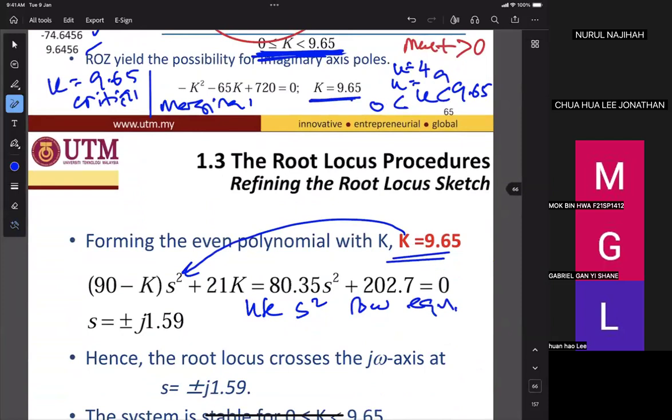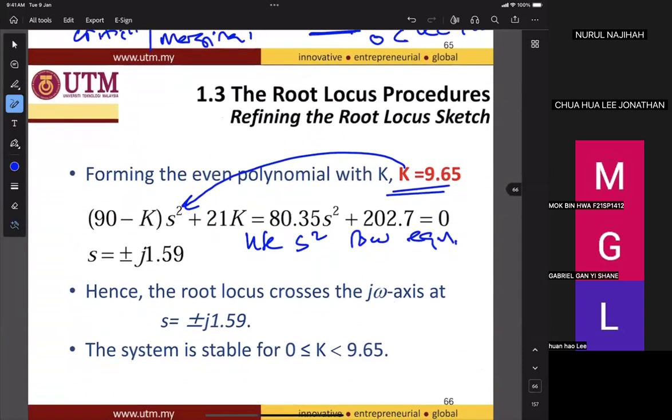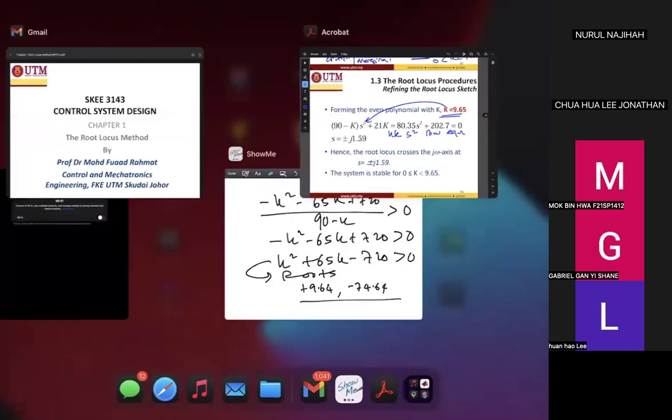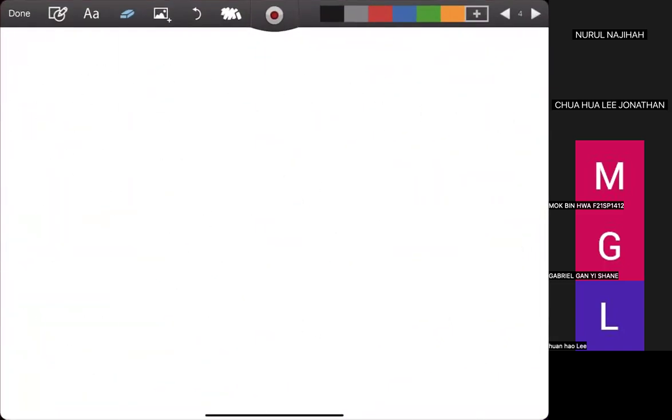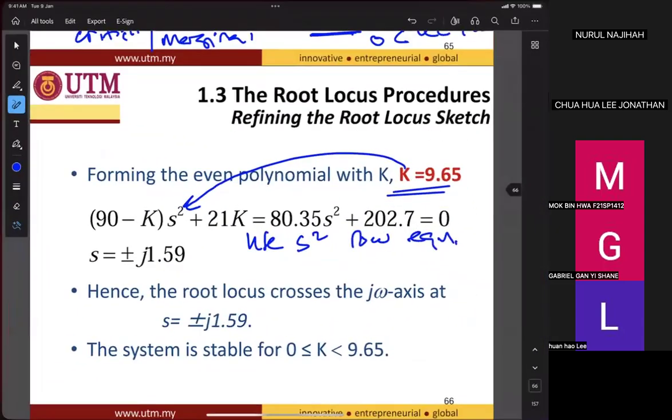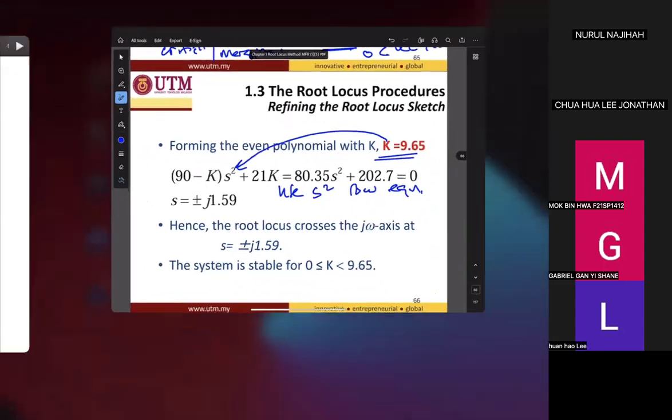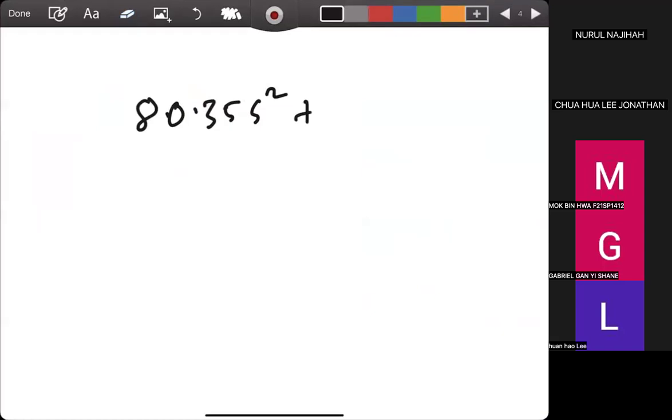Replace K inside here with 9.65, and then you get 80.35 S squared plus 202.7. Simplify.